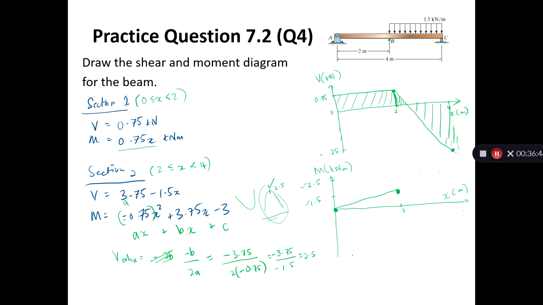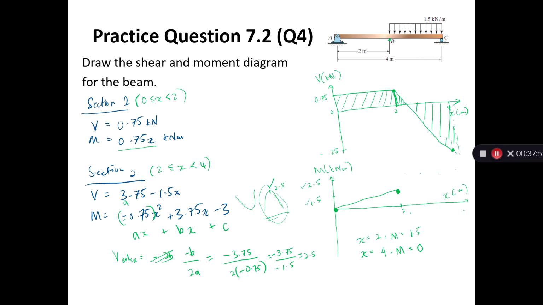Okay, when x equals 2, we won't be using the space here, so I'm just going to write here. When x equals 2, moment equals 1.5. So this is where it meets. Remember the peak is at 2.5, and when x equals 4, moment equals, again, please calculate this, 0.